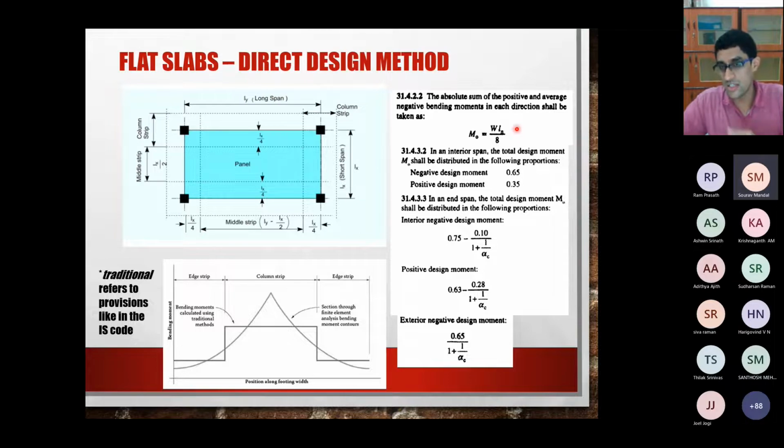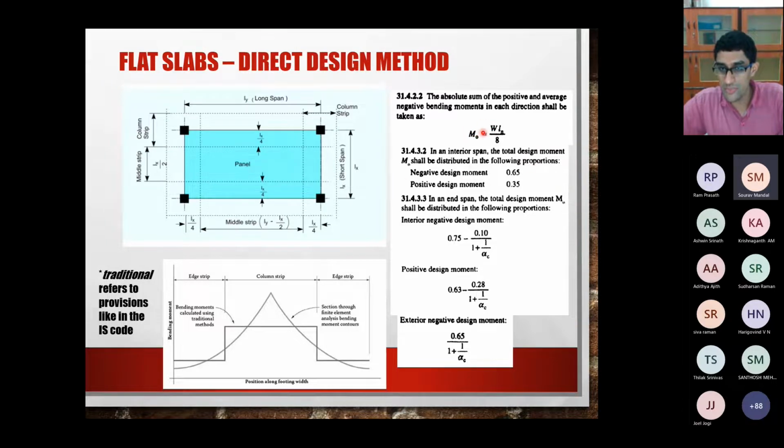It is just saying that the total sum along the x direction, irrespective of its negative or positive, is this much. Then you have to split it, because M naught is the sum of positive and negative bending moments. So once you know this, you have to decide how much of this is positive and how much is negative. This is given by this.